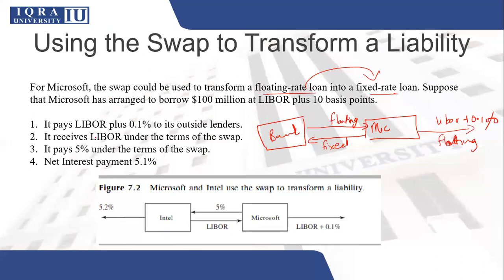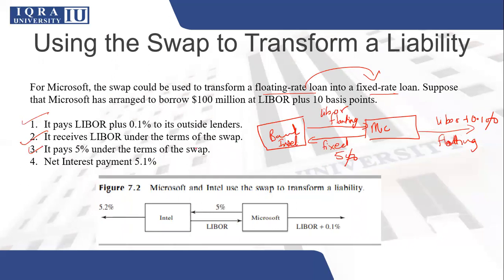It pays LIBOR plus 0.1% to its outside lenders. It receives LIBOR under the terms of the swap because it's going to receive floating, right? This is the diagram that we made. So it's going to receive LIBOR and it pays 5% under the terms of the swap. So the swap rate decided over here is 5%. So this is the fixed rate that it will be paying to Intel, or you could say to any other bank.